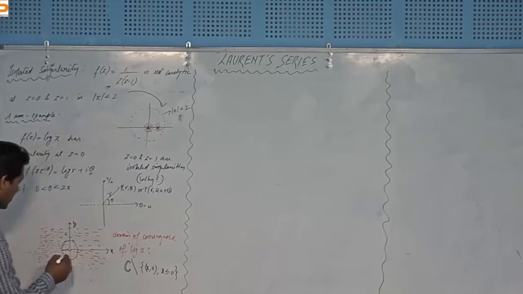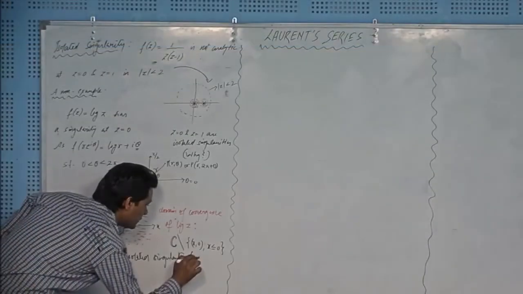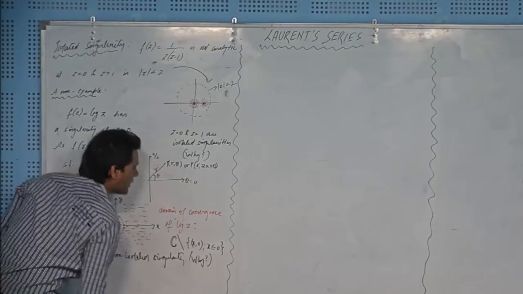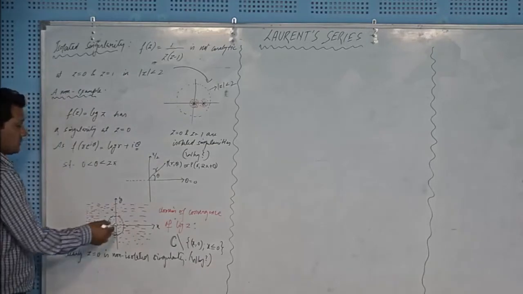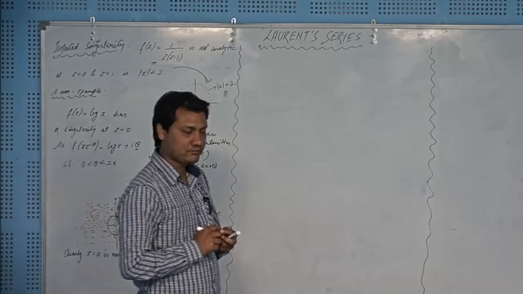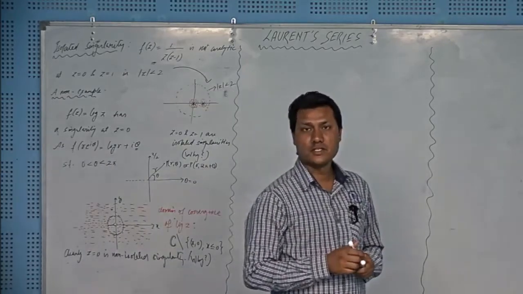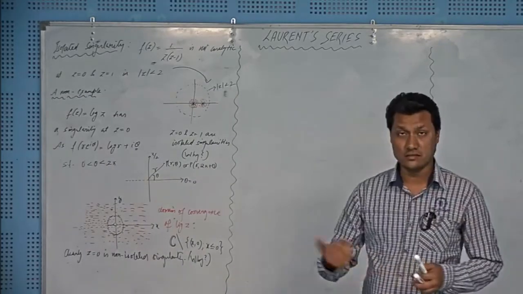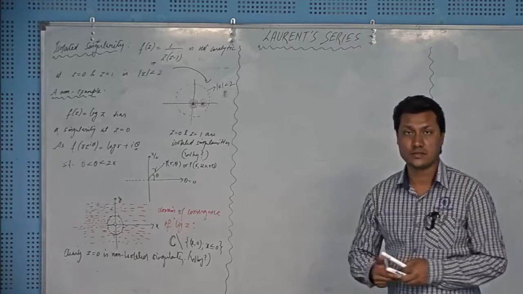So I will write here, because for any disk as small as possible, there will always be other singularities other than z equal to 0 which will belong to the disk, right?